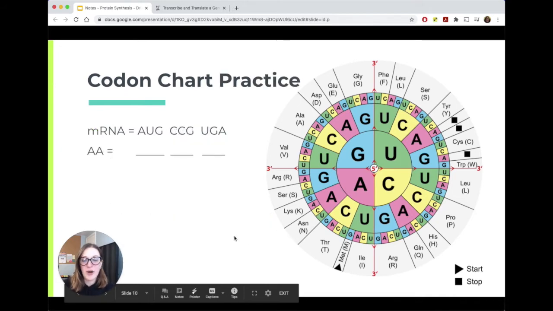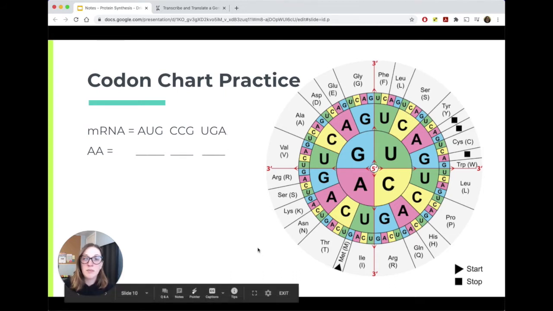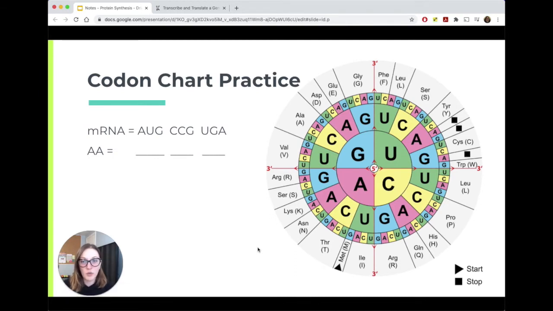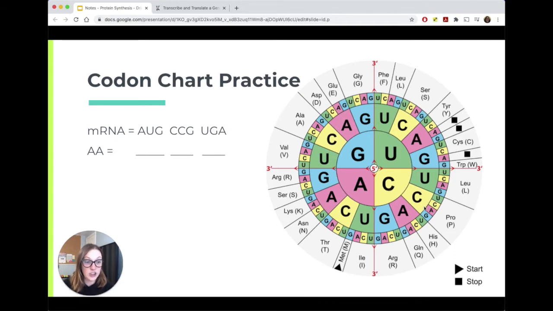All right, let's do some practice. Here is your mRNA sequence. Translate the mRNA bases into the amino acid sequence using this codon chart. Pause the video to do this. All right, let's check your work. Again, AUG codes for the start codon methionine. CCG codes for proline. You can also see that CCA, CCC, and CCU also code for proline.